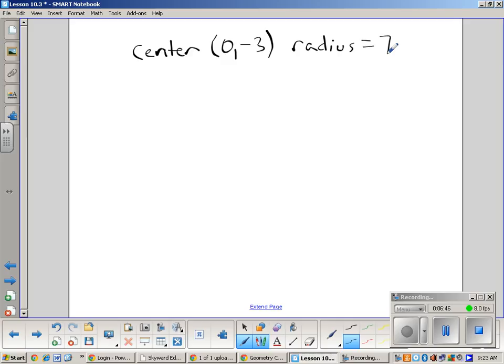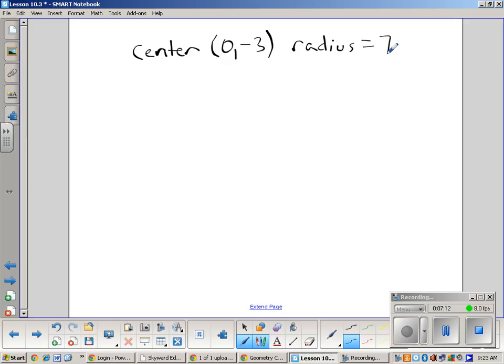Until you no longer have to look it up, I suggest you write the formula down each time you use it. If you have to look at your notes to see what the formula was, then you don't know it well enough yet. And this is going to be a fast chapter, so we don't want to get on the test day and say, oh no, I don't remember these formulas.